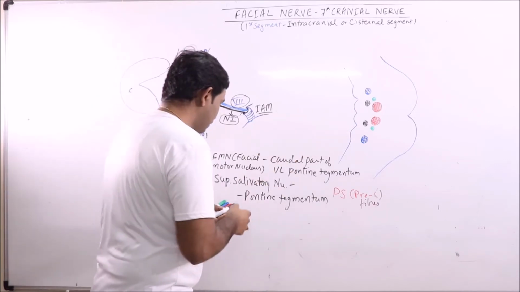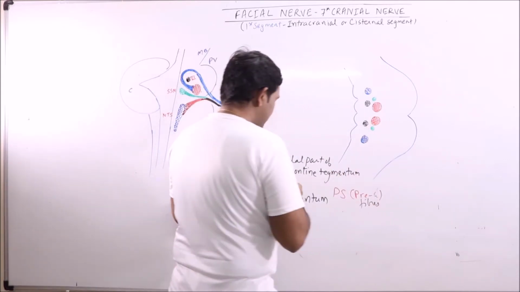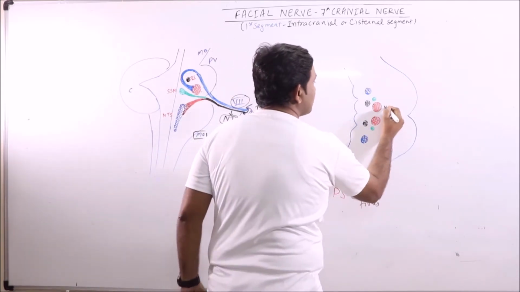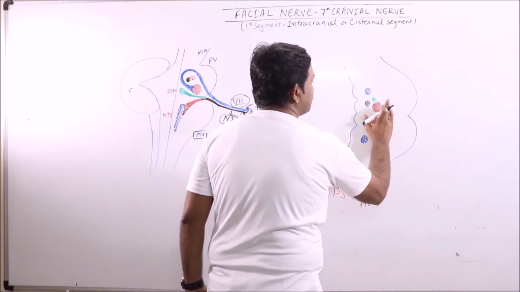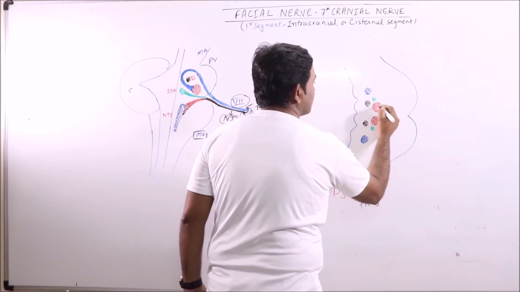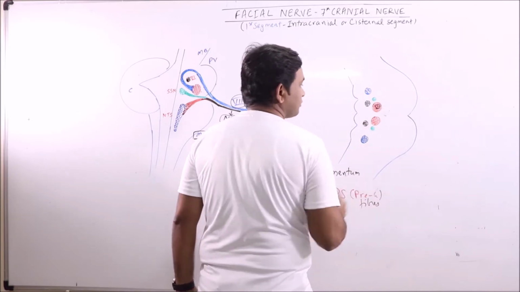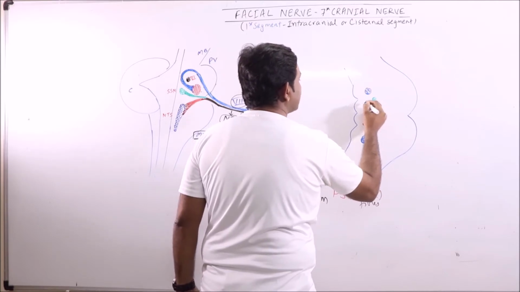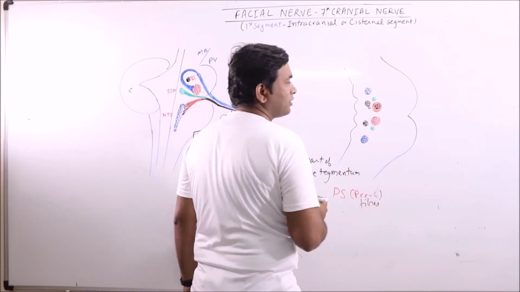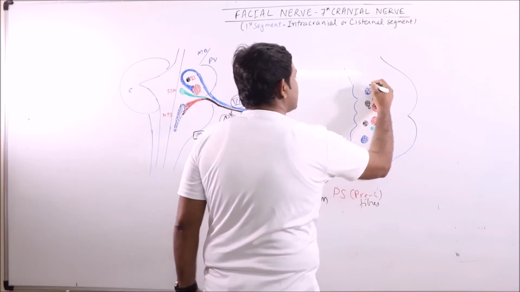In the transverse view, we can see that this is the facial motor nucleus, that is the 7th. This one is the nucleus of the 6th cranial nerve, that is abducens.